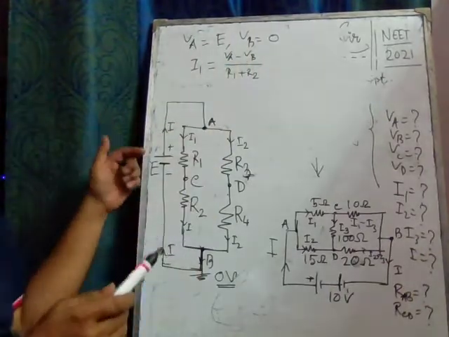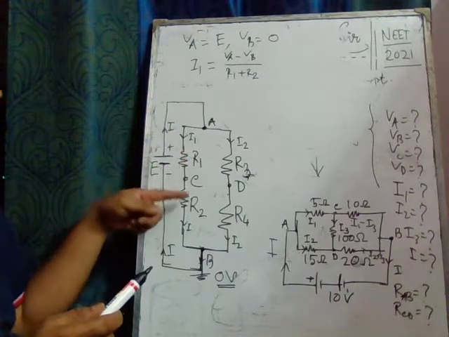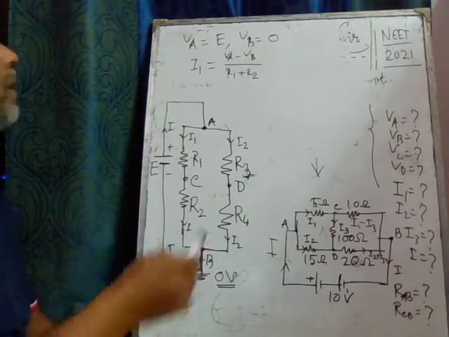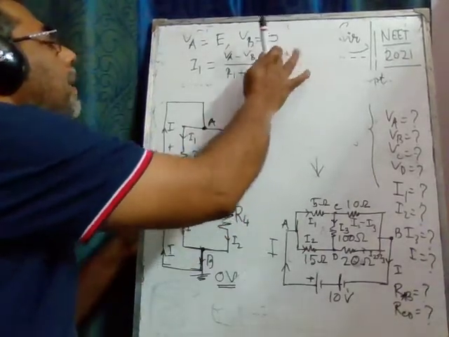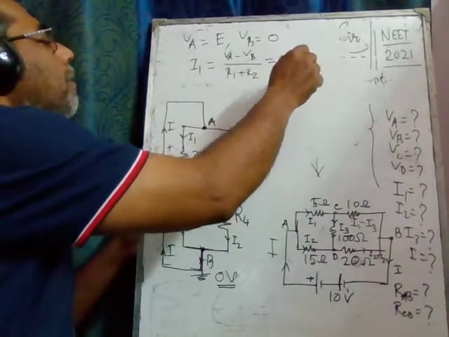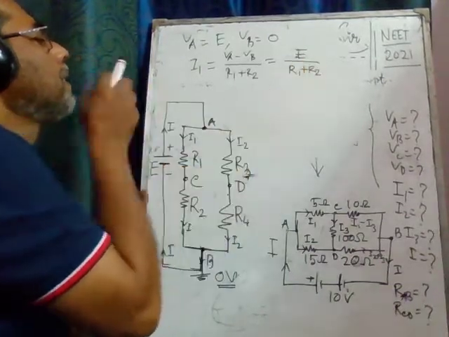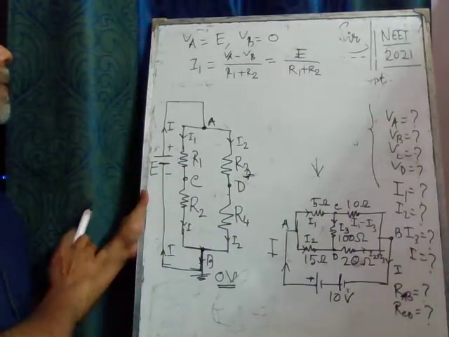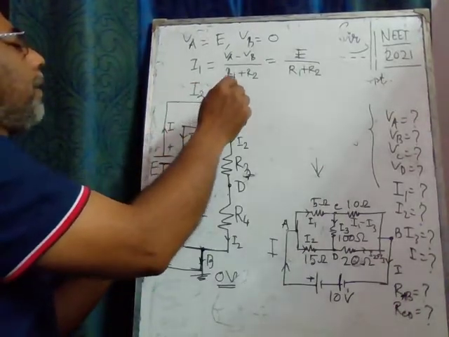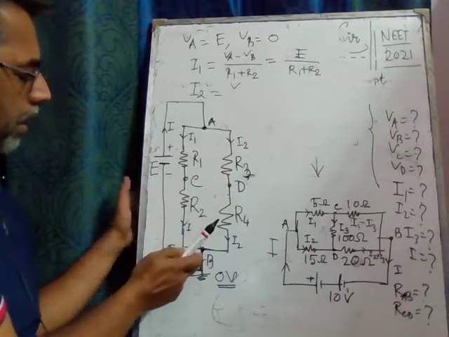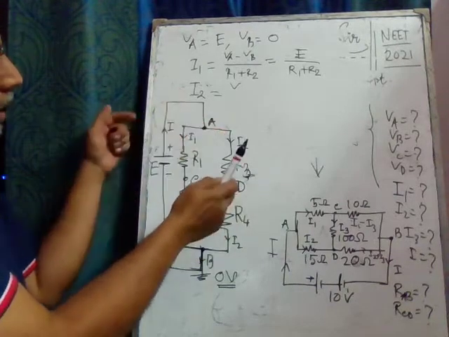So this much current flows through the branch containing the resistances R1 and R2. VA is E, so this is E over R1 plus R2, since VB equals 0. In the same way, I2 equals the potential difference VA minus VB over the total resistance.